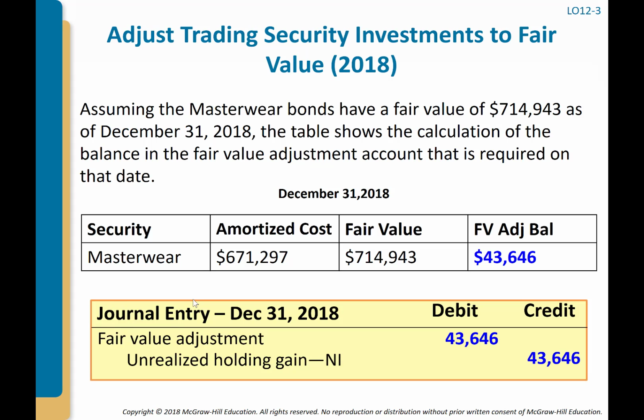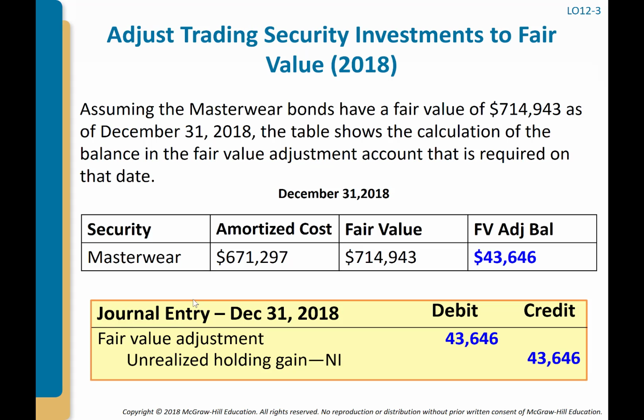Yeah, that's how I'm getting to the amortized cost, and I forgot to put the discount down. I just got to get the discount. It's the difference between the face and the carrying balance on that table, and the amortized cost. It's 28,703. Thank you.